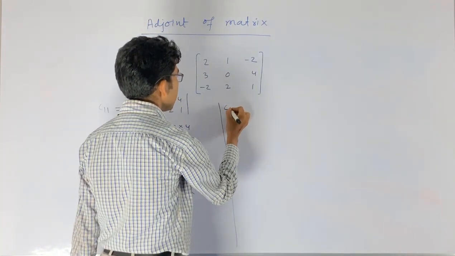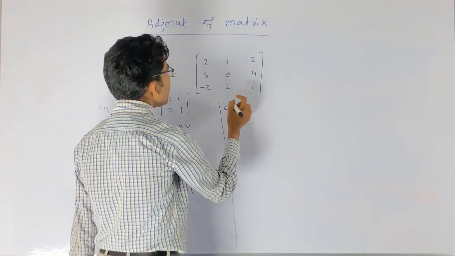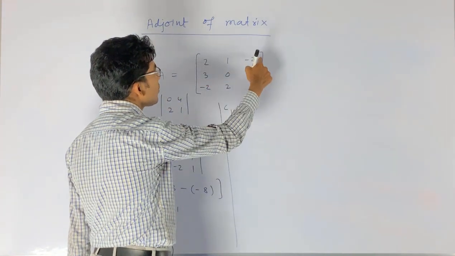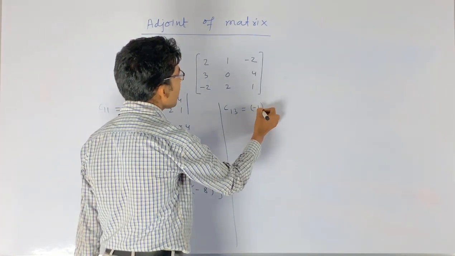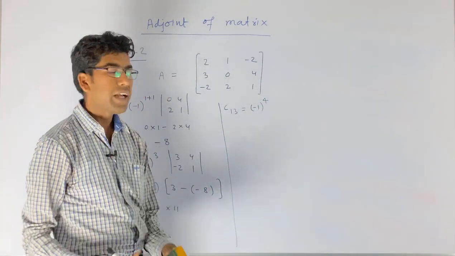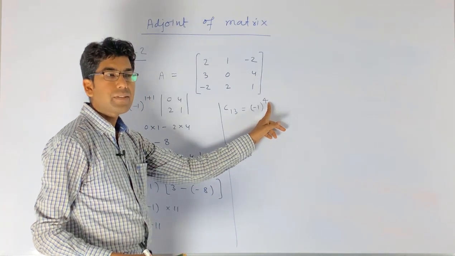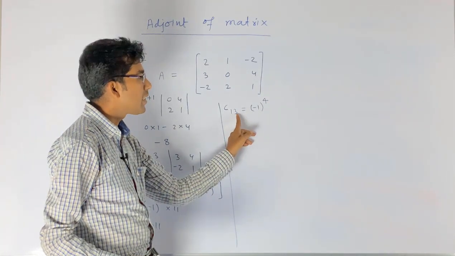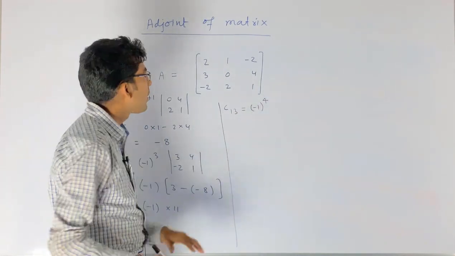C13. For C13, delete the first row and third column. So, minus 1 to the power 4. Why have I written 4? Because here comes i plus j, and i plus j, 1 plus 3, equals 4. I am writing directly.